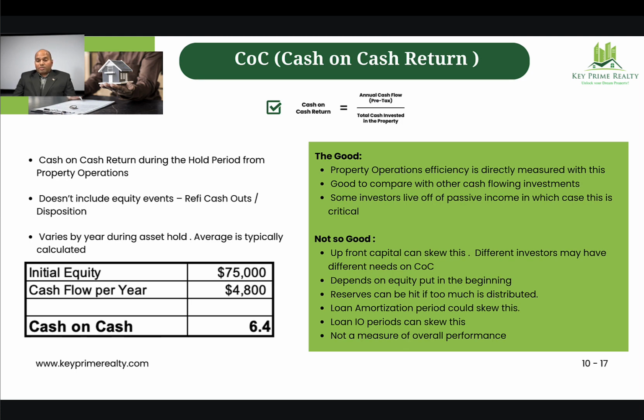As a result, you're selling the asset at a much higher price than what you bought it for. So you have a huge amount of cash coming in at the end, but cash on cash only looks at your annual distributions, or whatever the distribution cycle is for this property.